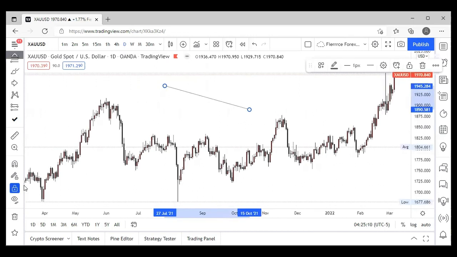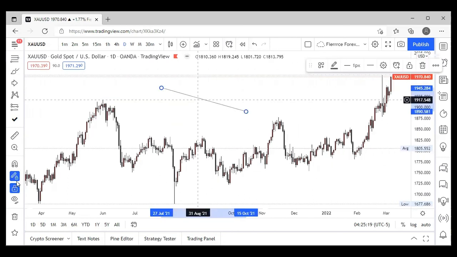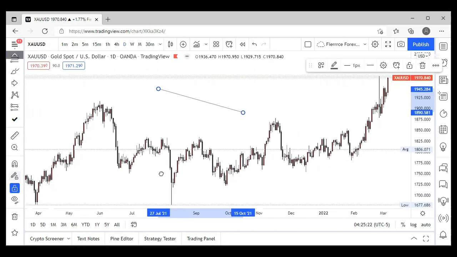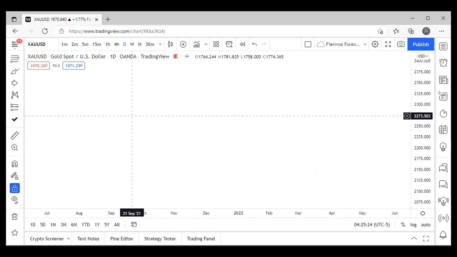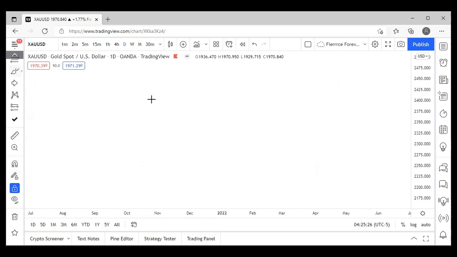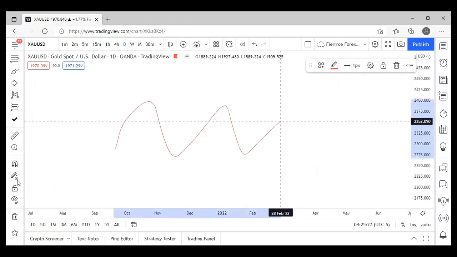Okay, now I get it. This here locks all the drawing tools, and this one here allows you to stay in drawing mode. So let's say you wanted to draw something on your chart, you'd just click on this so that you stay in that mode.